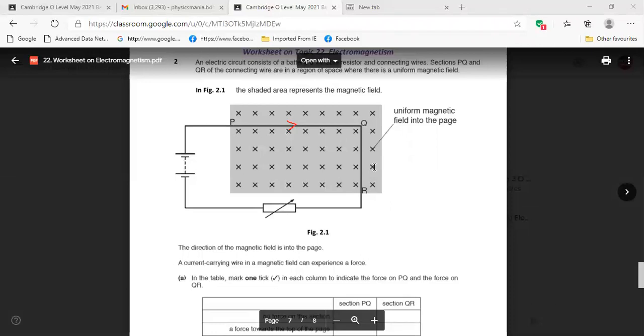For the other part, this one QR, right? Yes, sir. Again, we are using Fleming's left-hand rule. If your second finger is now down and the magnetic field is still towards the screen, right? Then where is your thumb?